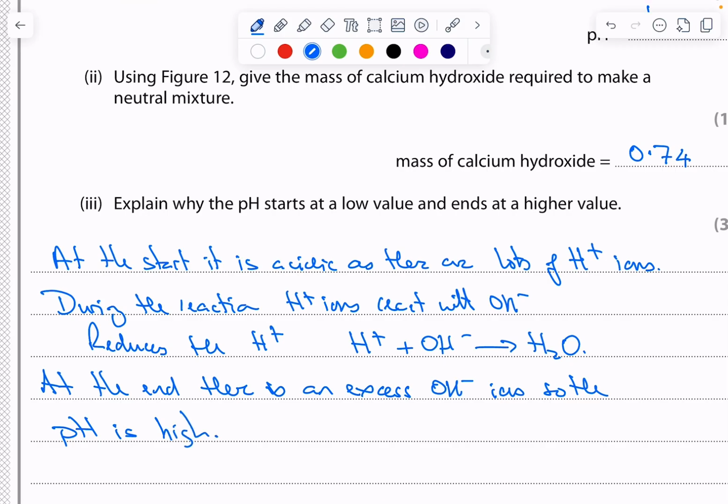Okay, makes sense? So if you keep adding the hydroxide ions, they're going to react with the H+ until there's none left. Hydroxide ions take the pH above 7, so therefore your pH goes up. Marks for this: at the start, we've got that. At the end, we've got that. And in the middle, we've got this reaction taking place to neutralize the H+.